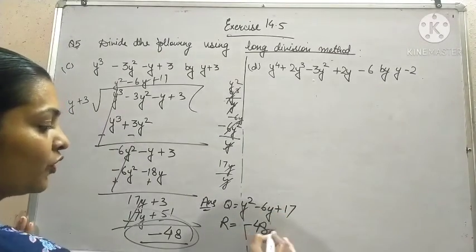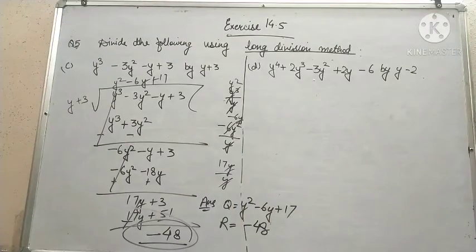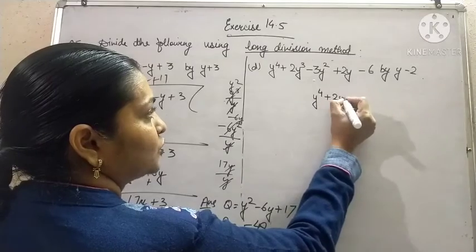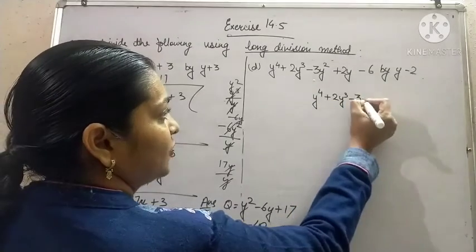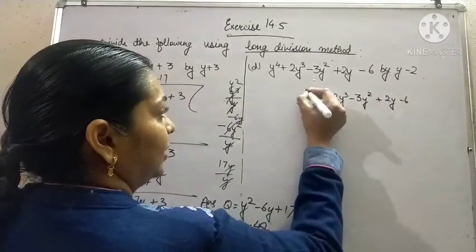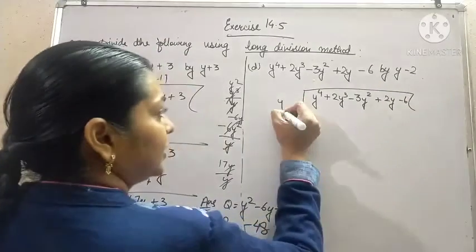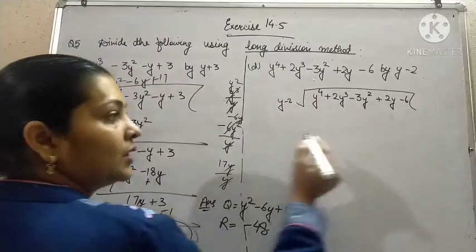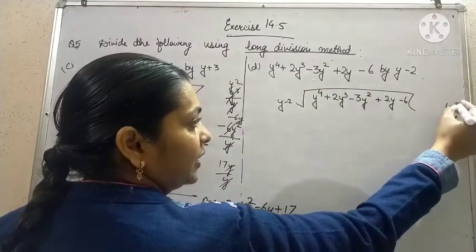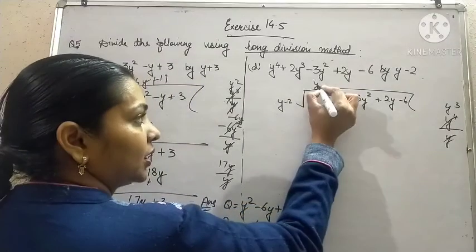E part, we are supposed to divide y^4 plus 2y cube minus 3y square plus 2y minus 6 by y minus 2. See, first of all we will divide y raised to the power 4 by y and we will get y raised to the power 3.